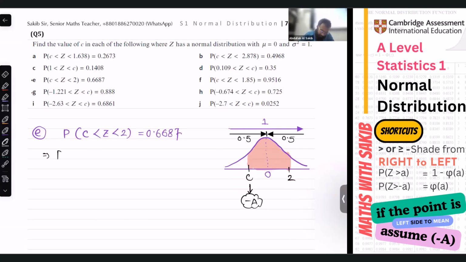So now I can write probability of minus A less than Z less than 2, and that's equal to 0.6687. Clear? So we'll follow the fifth shortcut, because this is from A to B. So it will be phi 2 minus phi of minus A.